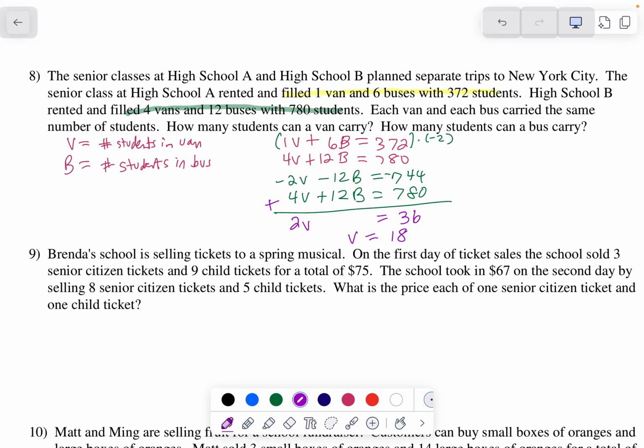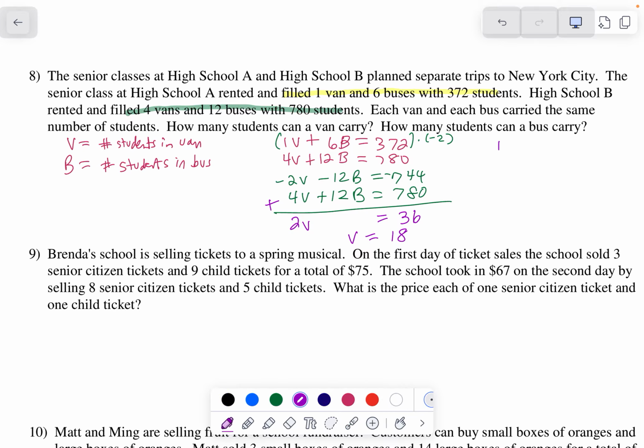So are we done? No, we're not. So find an equation that has a B in it. The top one has a B in it. So if I want 6 times that number I just found, that's 6 times 18, I threw in a calculator, there's 108. So 1V plus 108 equals 372. Oh no, I put it in the wrong spot. I'm so sorry. It's a V, Mrs. Hott. The V's are over there.